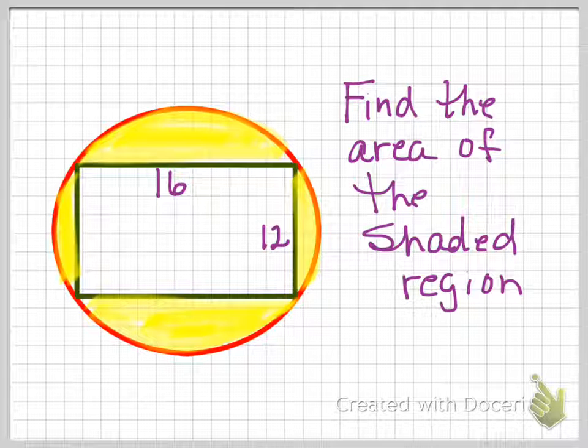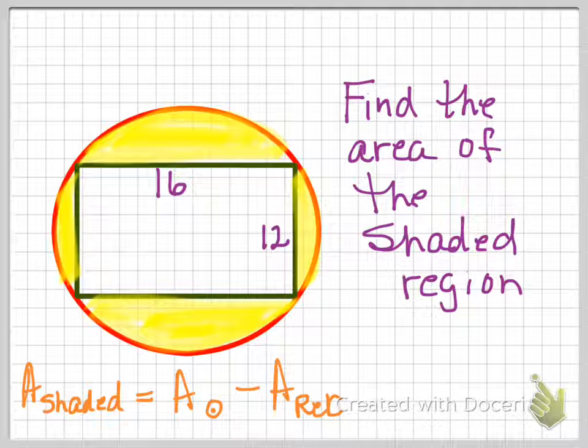So I can do this by saying that the area of my shaded region equals the area of my circle minus the area of my rectangle.